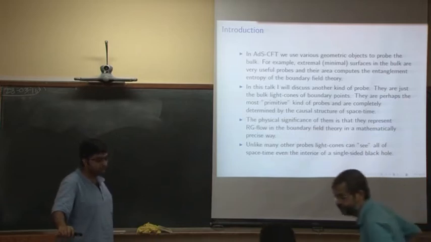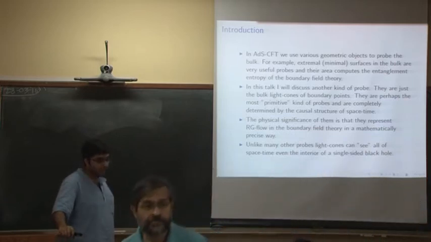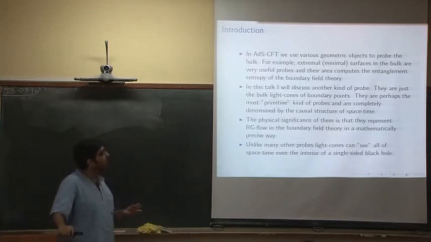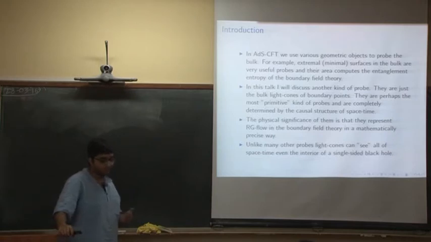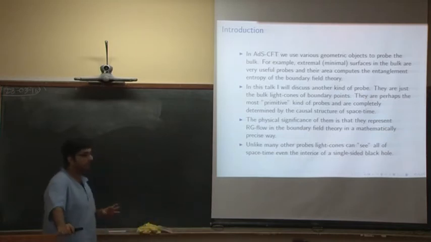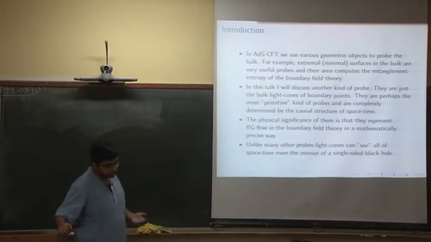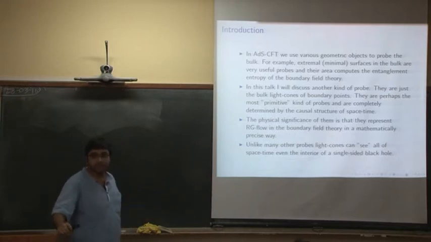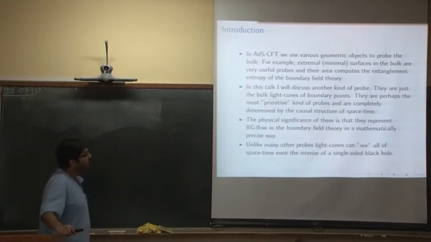Then I will apply that particular way of proving the holographic c-theorem to more general asymptotically AdS geometries, for example, the black brane geometry. That's one concrete example which is not of the standard holographic RG type of geometry that we usually talk about.